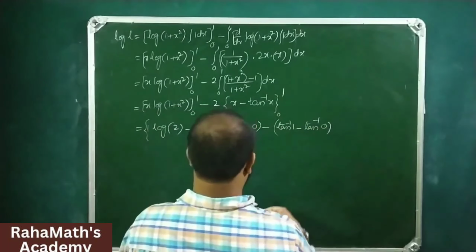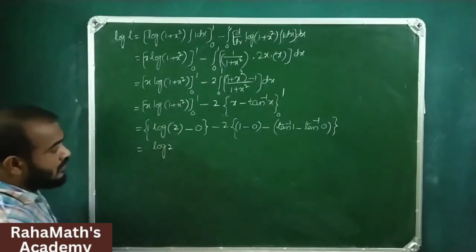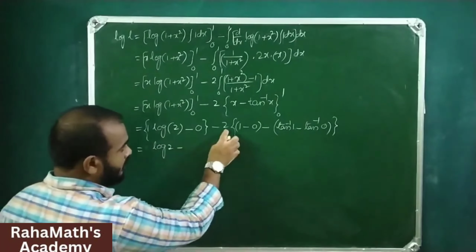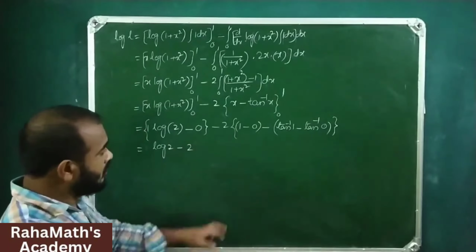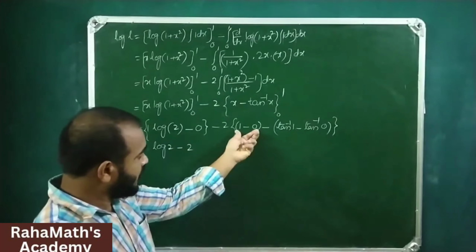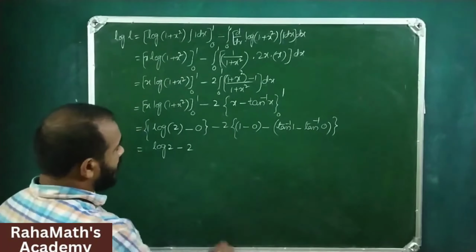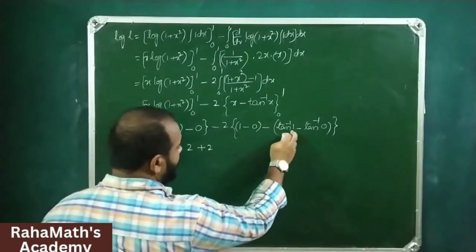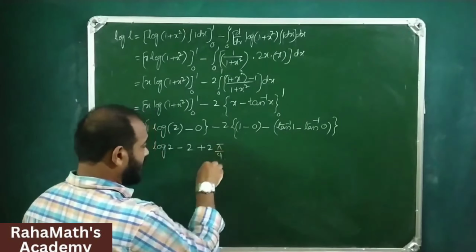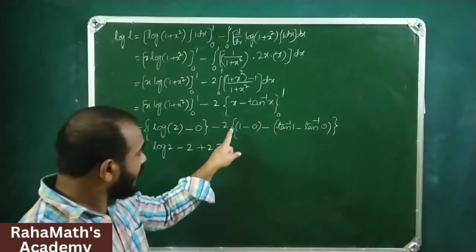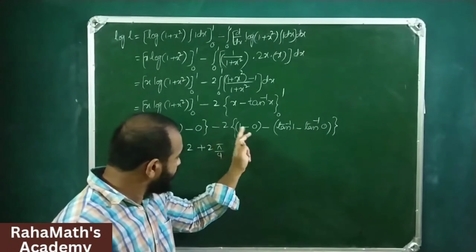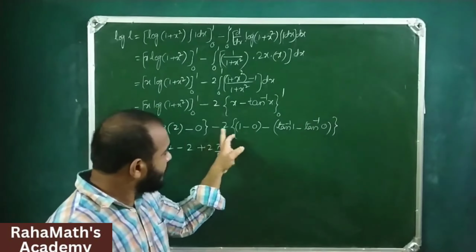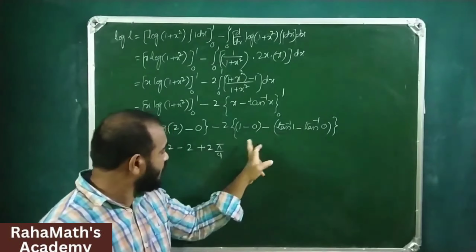This is equal to 1 into log 2, which is log 2, minus 2 times (1 minus 0 is 1), minus into minus plus 2 times tan inverse 1, which is pi by 4.